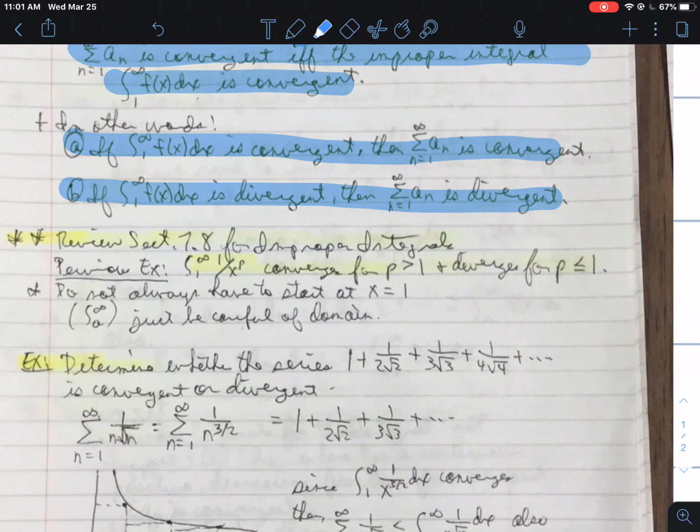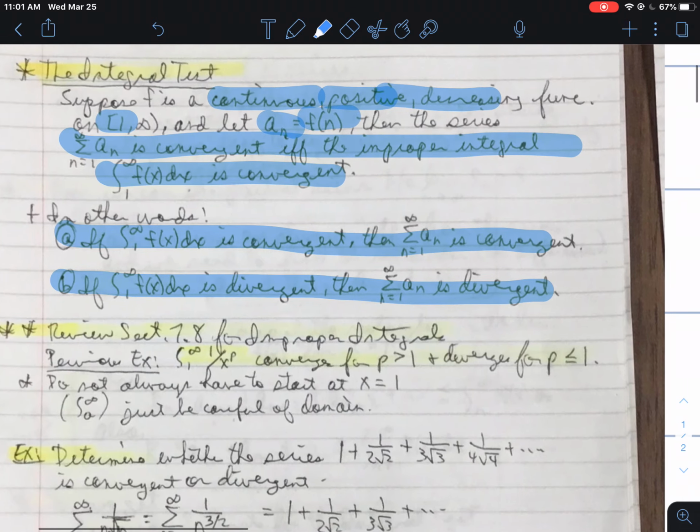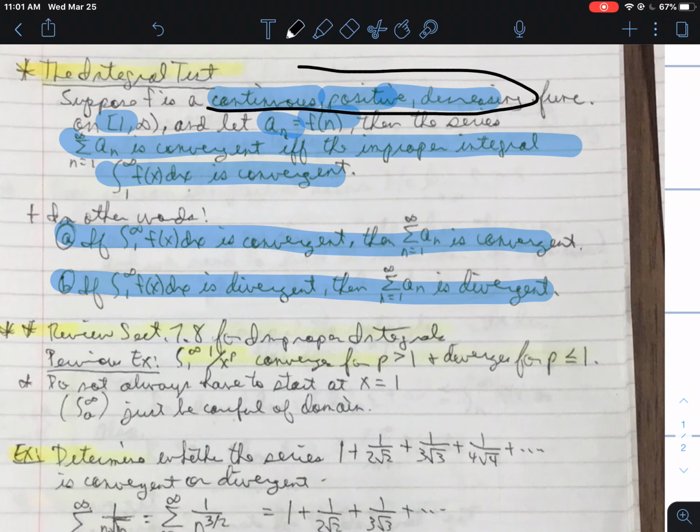As long as you meet these requirements, and I can't emphasize that enough, in order to use the integral test, this first has to be true. It only applies to functions that are continuous, positive, and decreasing. Otherwise, the integral test is not reliable. I can't make the conclusions that we've just made.